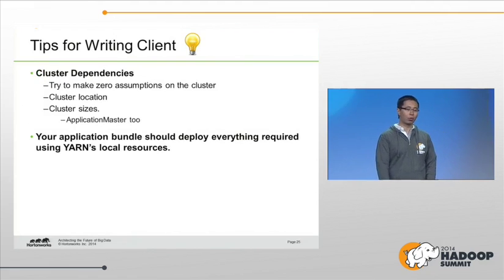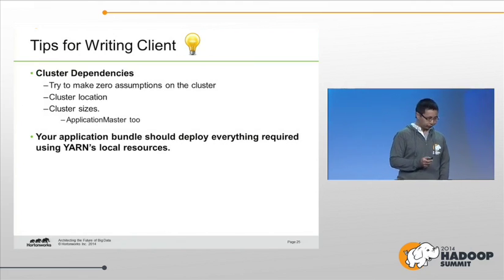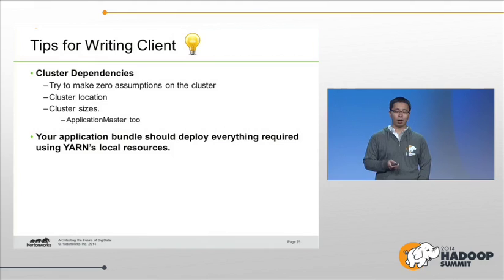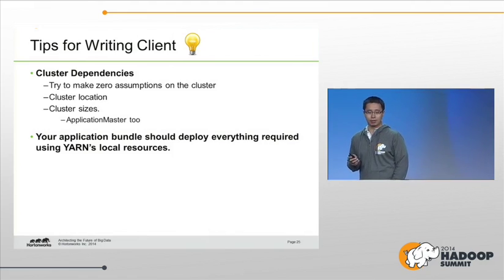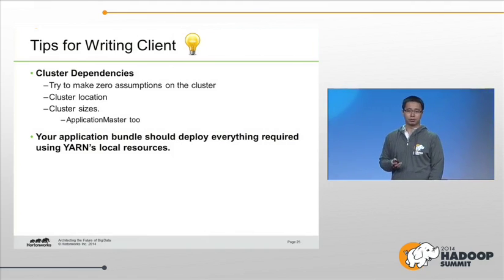Here are some tips for writing a client. The first thing is that when you implement your client, please make sure you make zero assumptions about the cluster, which means you may not know the cluster location, you may not know the cluster size.